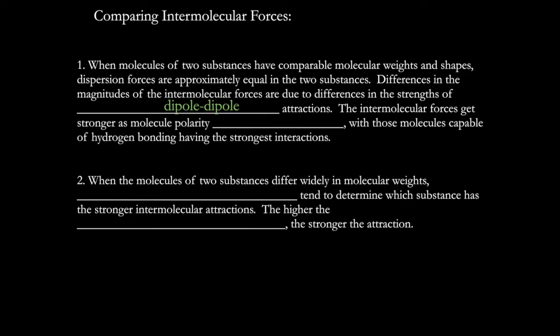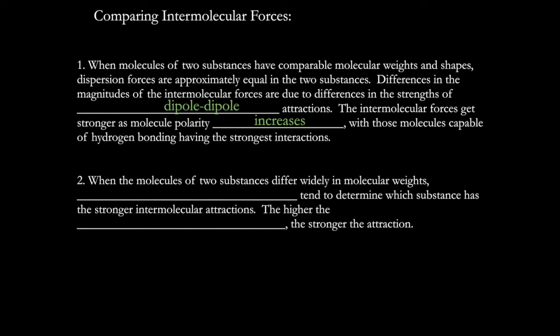Now, the intermolecular forces get stronger as molecular polarity increases, as we said, and therefore molecules that have hydrogen bonding are going to have the strongest interactions. So assuming that molecules have about the same molecular weight and shape, what's going to dictate the strength of the intermolecular force is if there are dipole-dipole interactions.